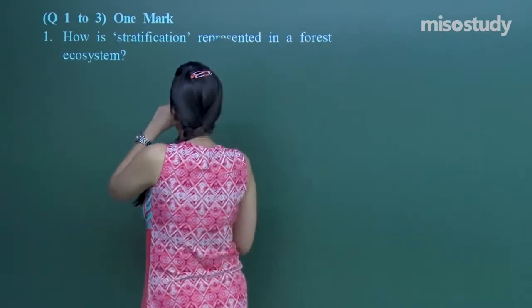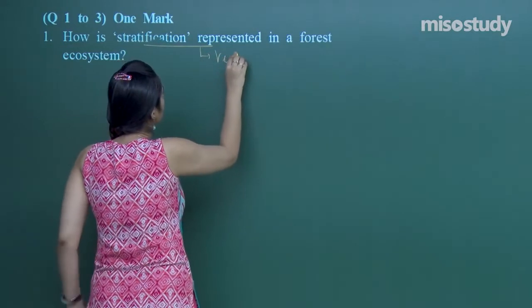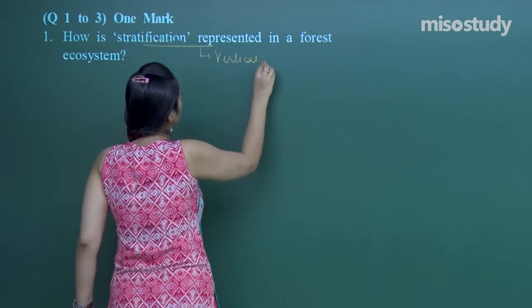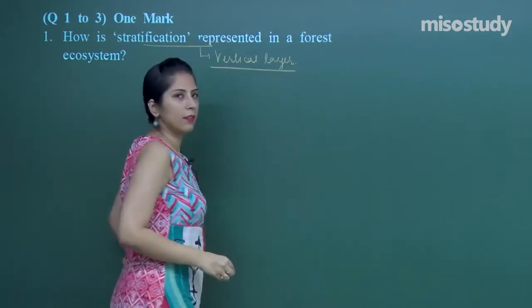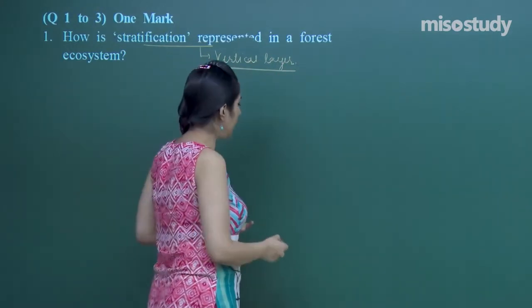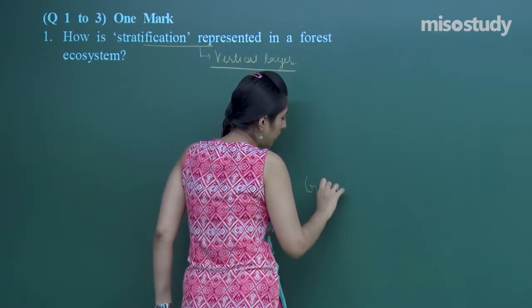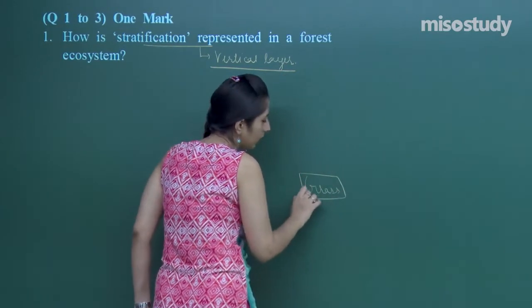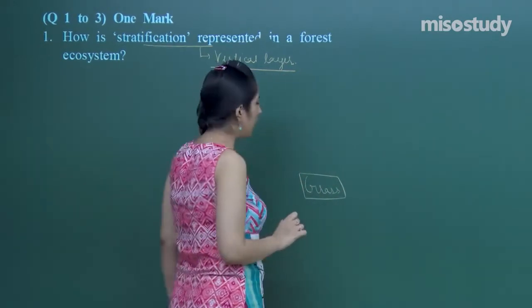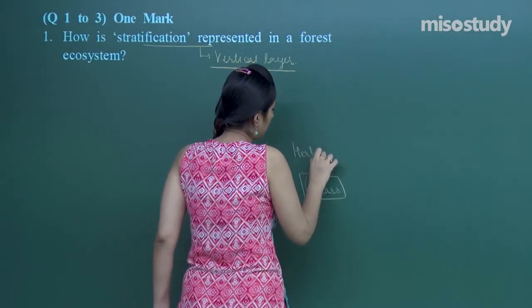So let's write about stratification. Stratification means vertical layers. These vertical layers always start with the base, where you can see grass. After the grass we have herbs present.